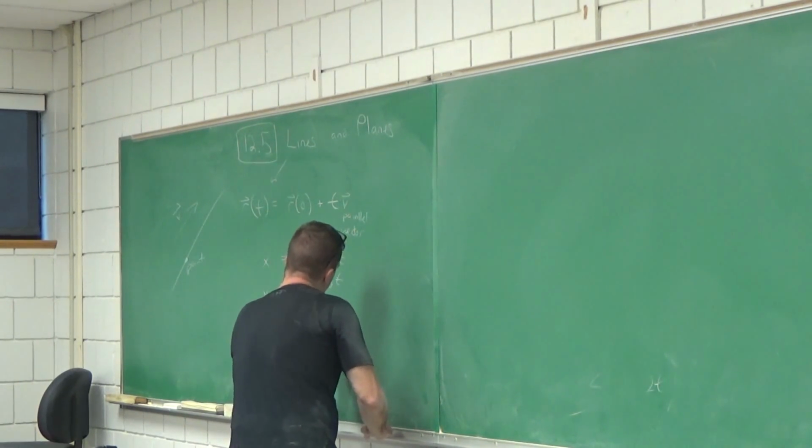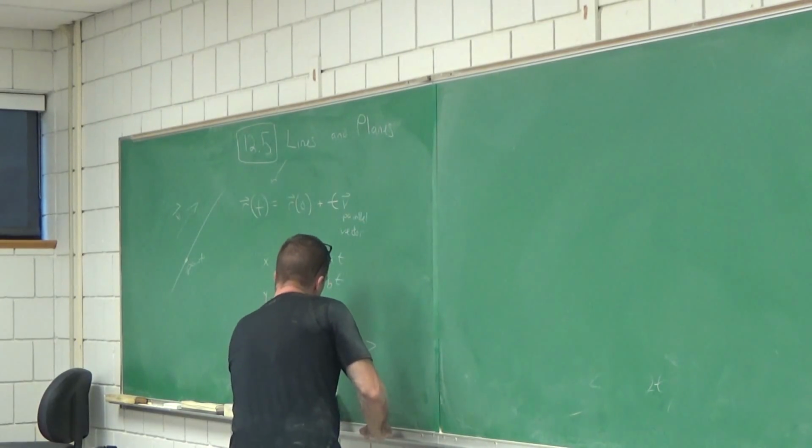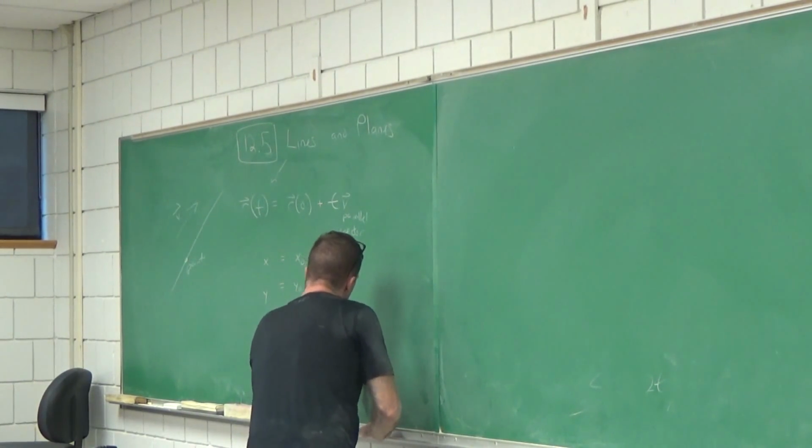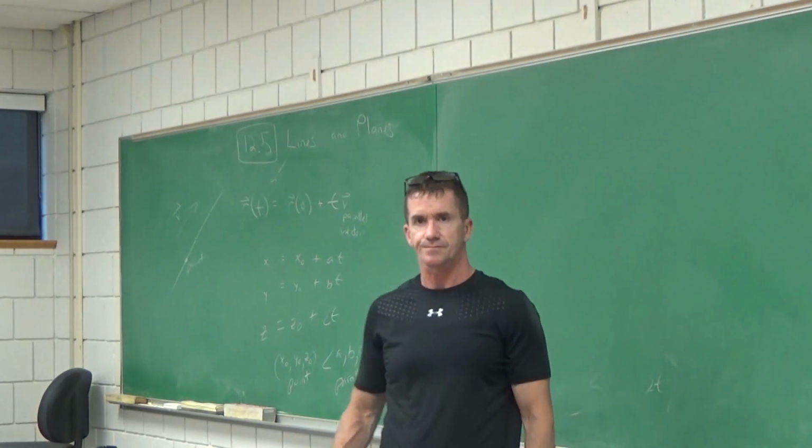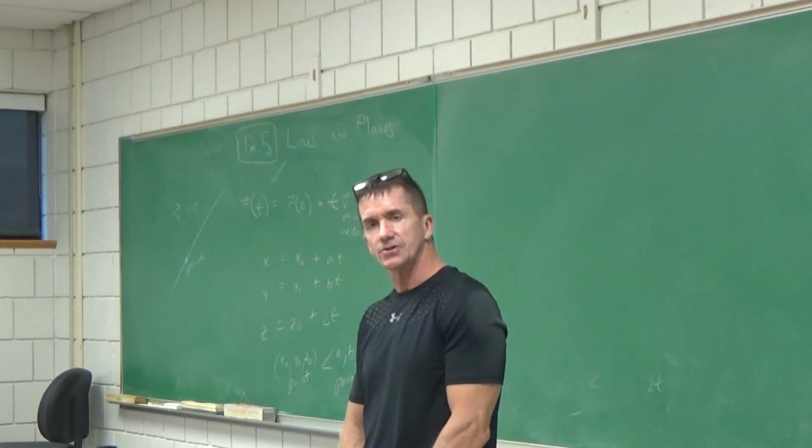A, B, C would be the parallel vector. It must be parallel to the line, right? You can describe any line that way.